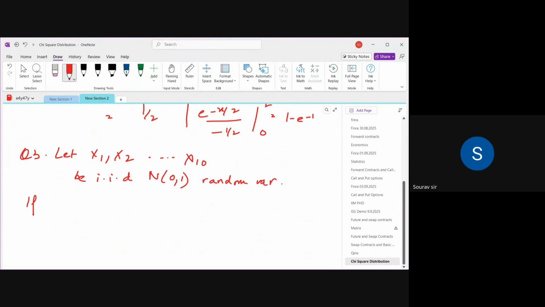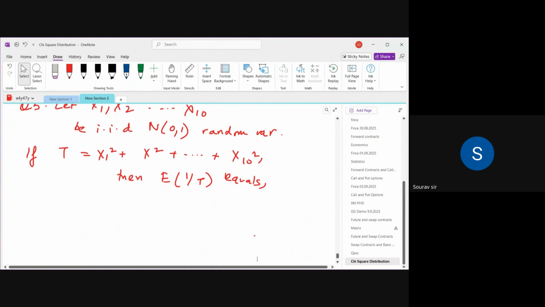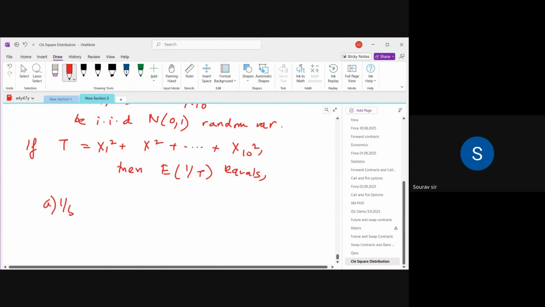If T is x1 square plus x2 square plus dot dot dot plus x10 square, then the expectation of 1 by T will be equal to: 1 by 5, 1 by 6, 1 by 8, 1 by 12. What will it be?